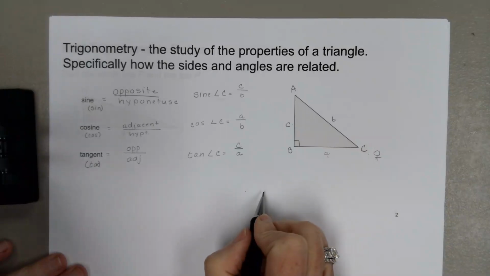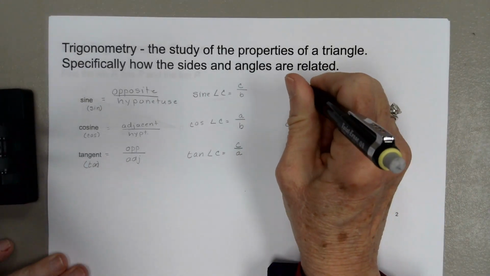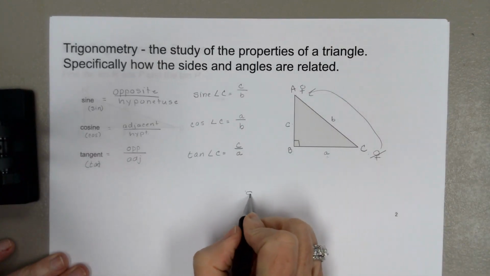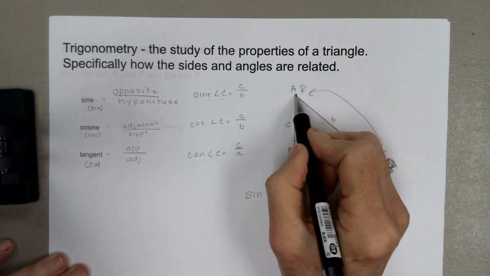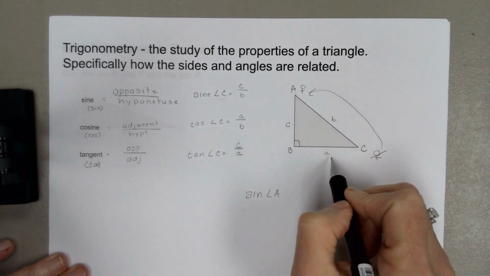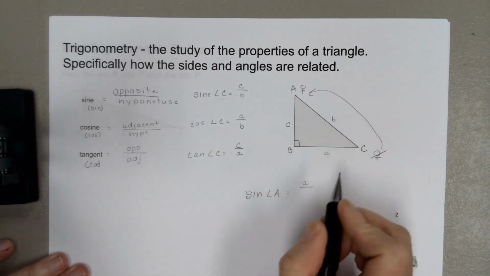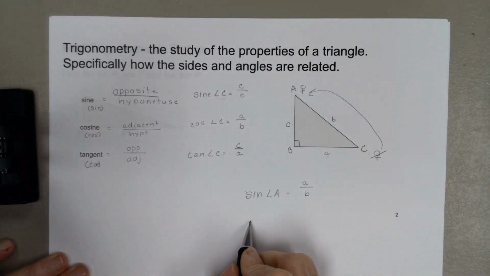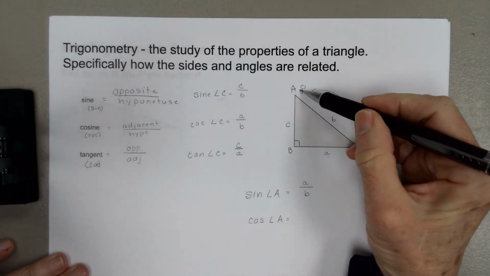So let's say you run around and now you're standing right up here at A. If I wanted to know the sine of angle A, I'm standing there. The opposite side is little a, but again, the hypotenuse in this particular triangle is always B. Then if I asked you for the cosine of angle A, you're standing here.